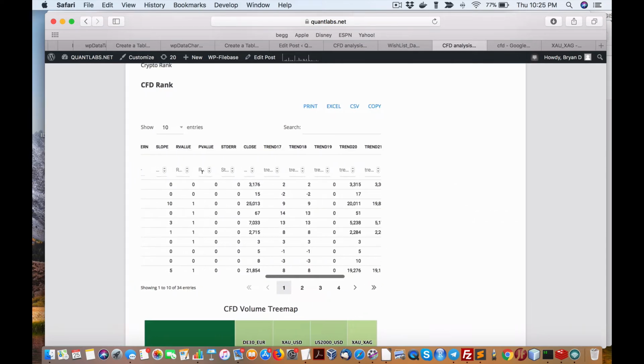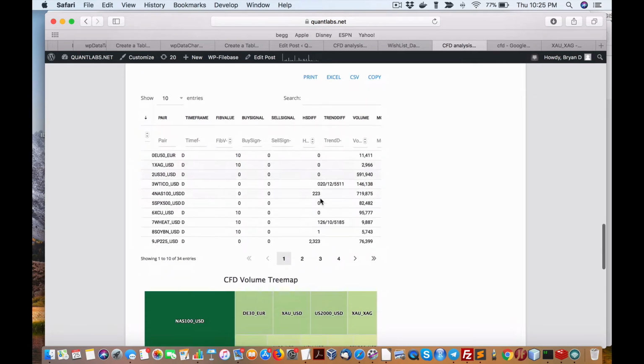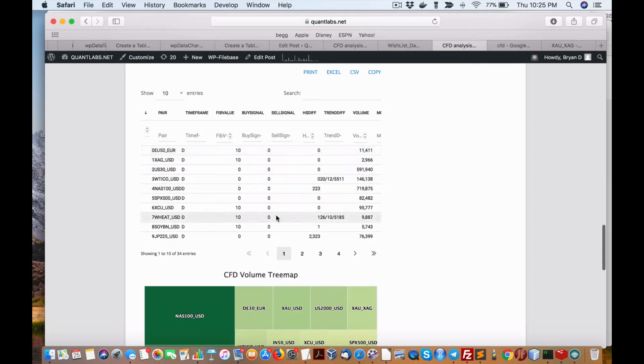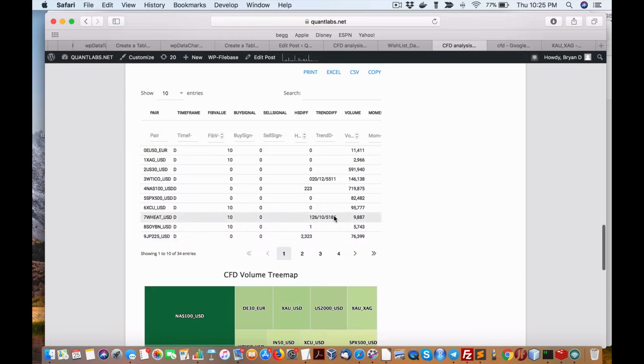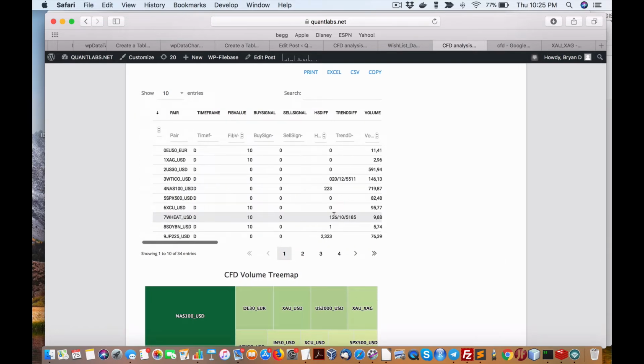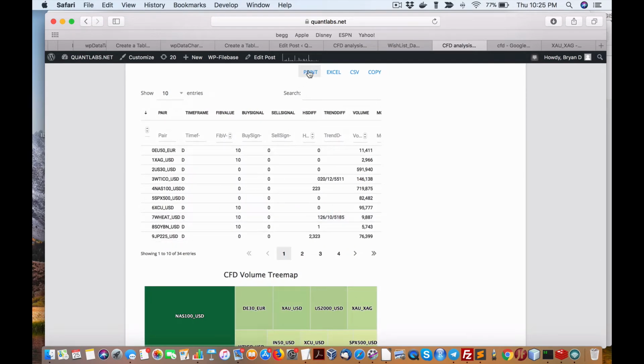I'm not going to get into that here, but it's all there. All of the potential spread for the entire spreadsheet here. And of course, you can copy, download a CSV, comma separated value, and Excel, print it out to your local computer, or copy it, dump it into another spreadsheet or whatever.